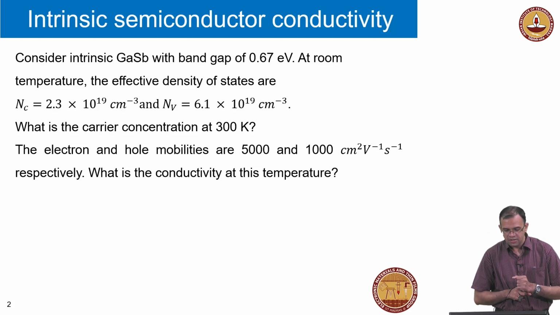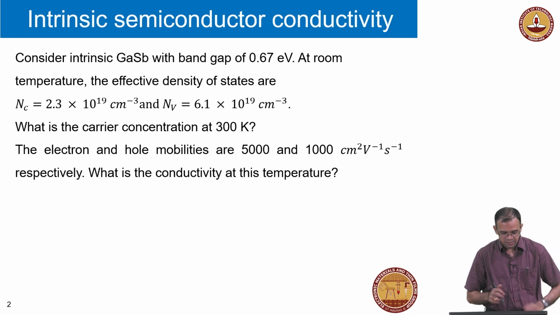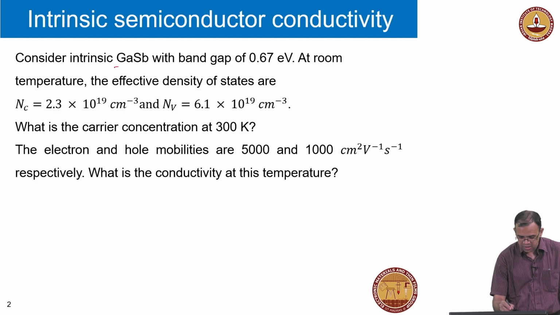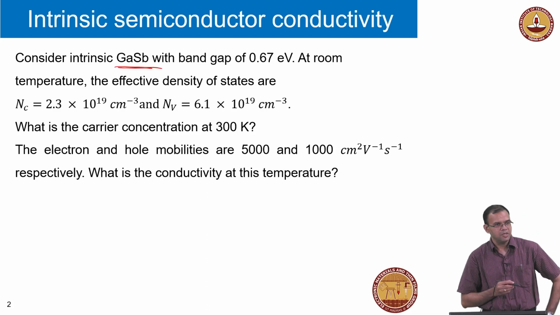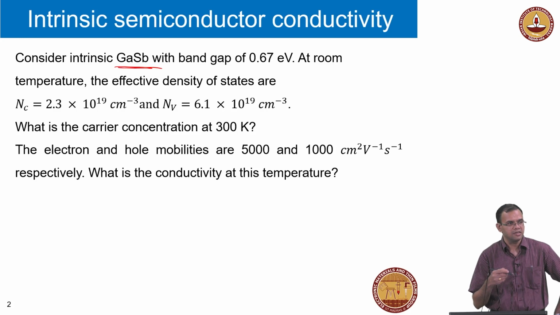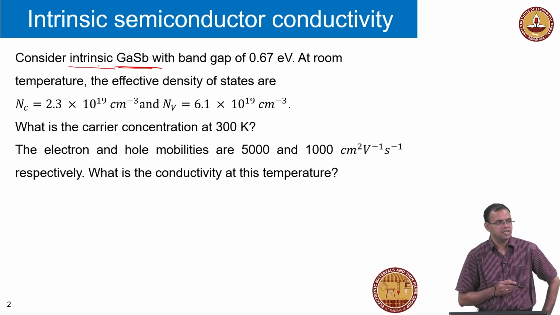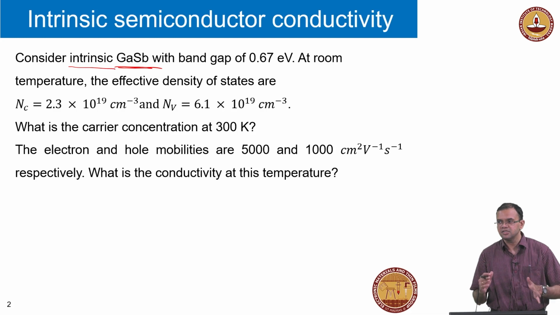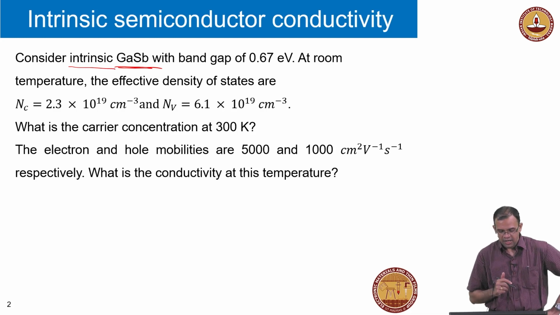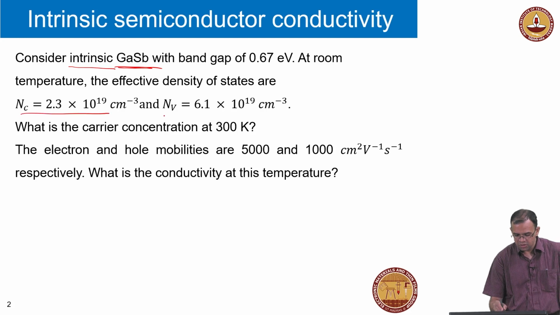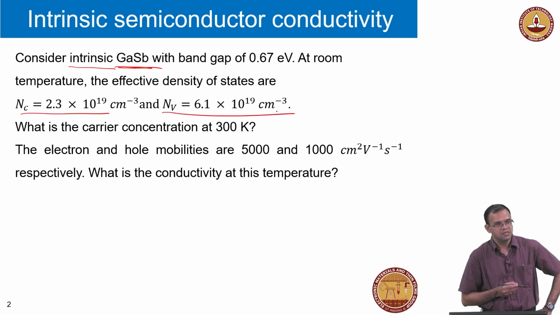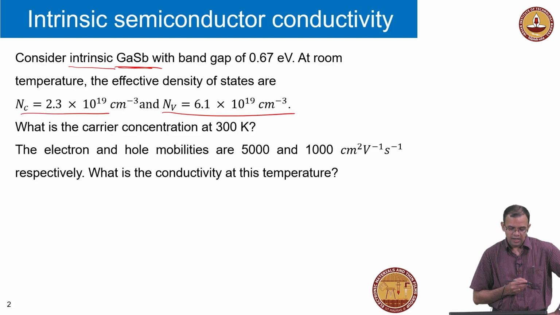So let's start with an intrinsic semiconductor, and I actually picked gallium antimonide because we are so used to talking about silicon and germanium and gallium arsenide. We just thought it would be a different semiconductor. So we have intrinsic gallium antimonide. Intrinsic again means it's a perfect crystal, there are no defects, no impurities. The question also gives you the effective density of states, NC and NV, and we want to know the carrier concentration.